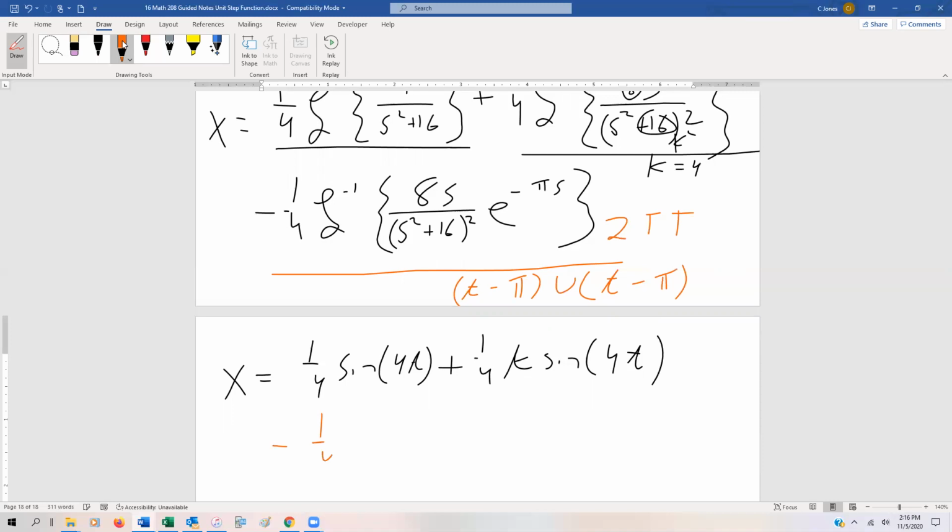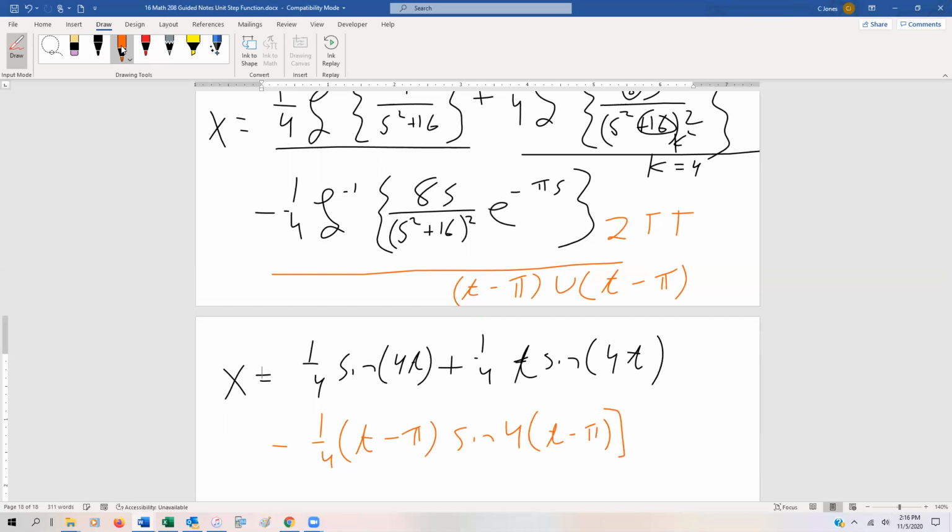So minus 1/4, and instead of t, we're going to have t minus pi. Right here we had a t, so we just turn it into t minus pi. Same thing for the sine. We are going to have sine of 4 quantity t minus pi.